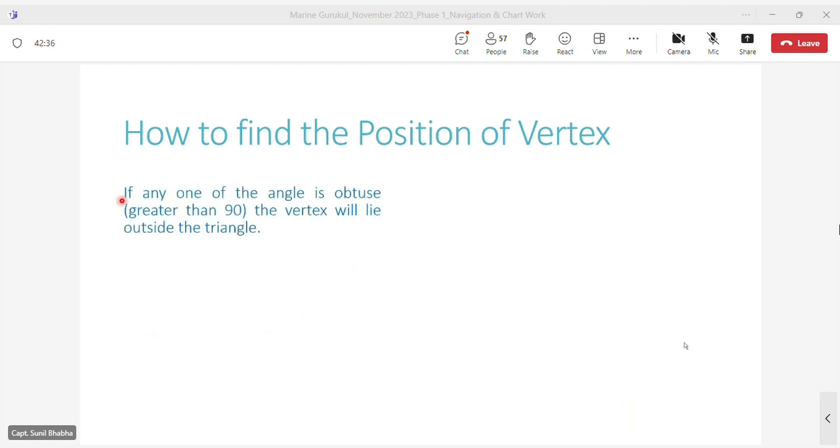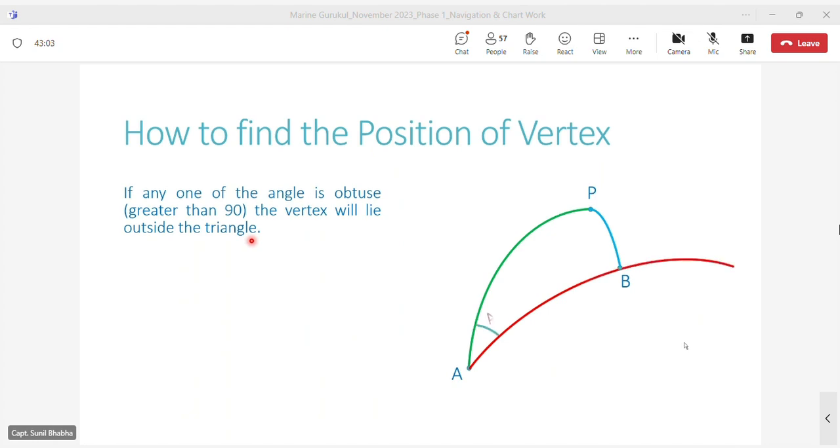Now, in case any one of the angles, angle A or angle B, is obtuse, obtuse meaning the angle is greater than 90 degrees, the vertex will lie outside the triangle. Let me show you with a diagram. We have the PAB triangle coming up on the screen.